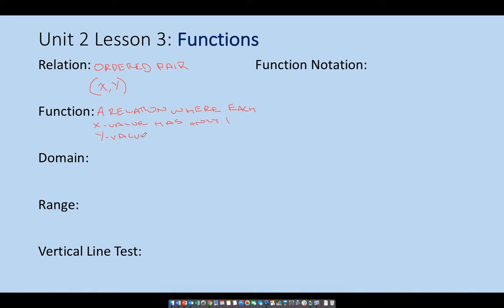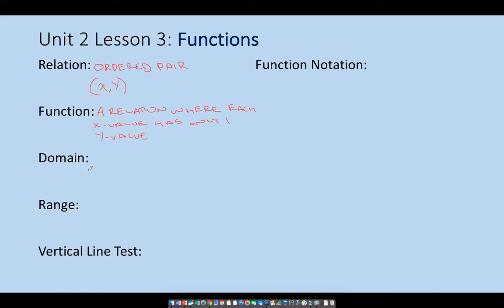Okay. Now it seems like that should be pretty basic, and again, many times it is. We're going to actually connect this to the vertical line test here in a minute, and that's going to be our real test as to whether or not a relation is a function.